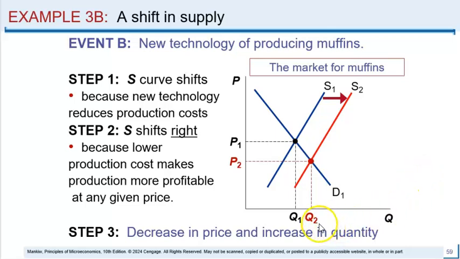New equilibrium quantity Q2 is higher than Q1, and the new equilibrium price P2 is lower than the original equilibrium price P1. So we see a decrease in the equilibrium price, but an increase in equilibrium quantity because of this rightward shift of the supply curve.